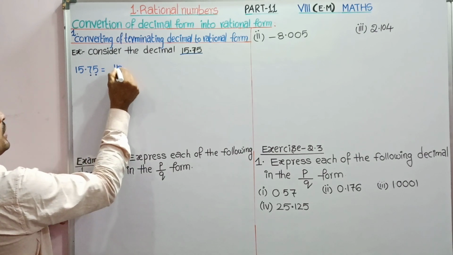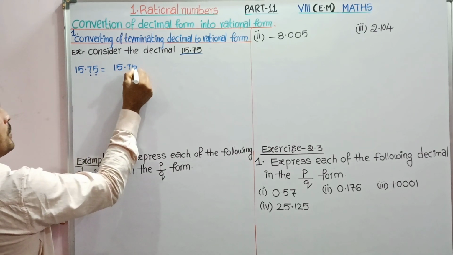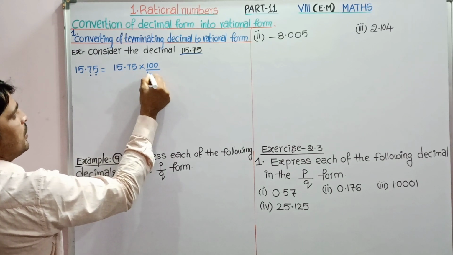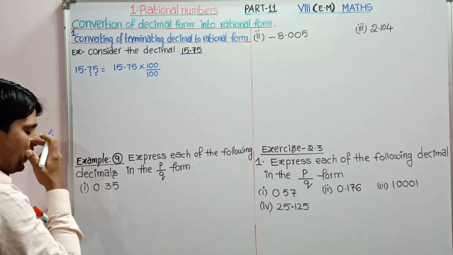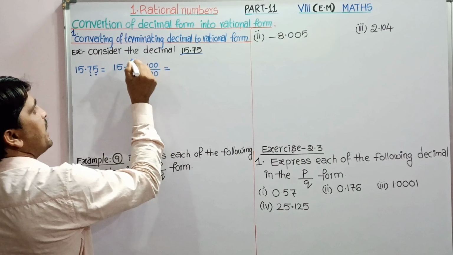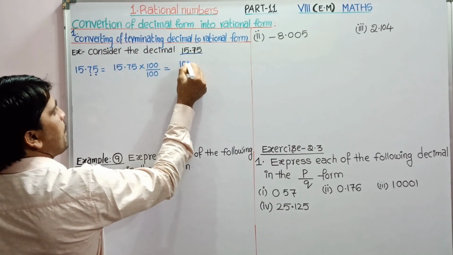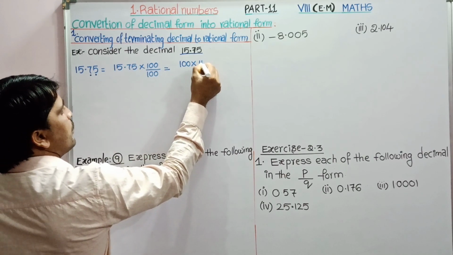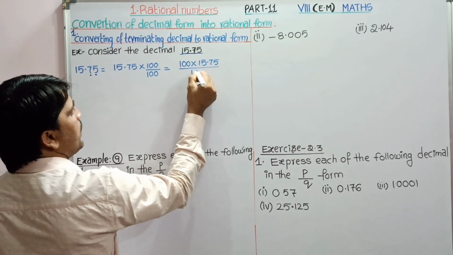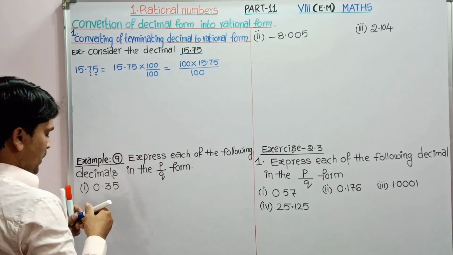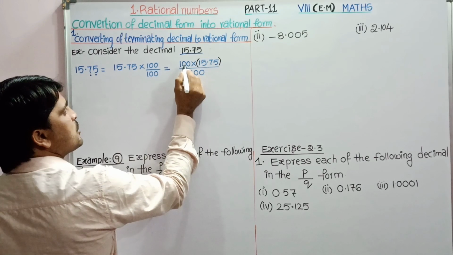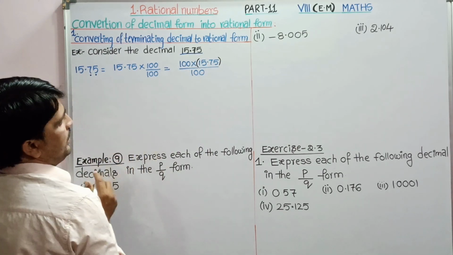So multiply this decimal number by 100, and at the same time divide it by 100. So the numerator is 100 times 15.75 over 100.